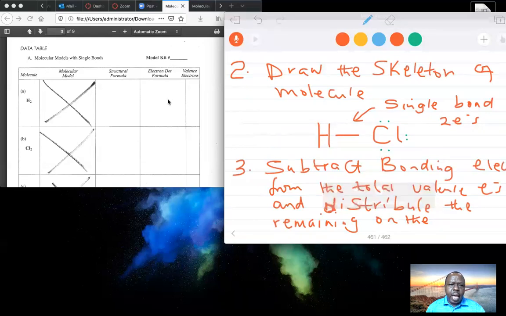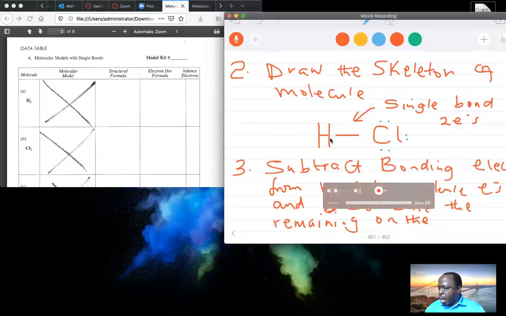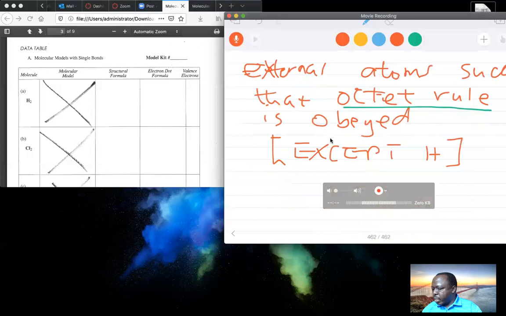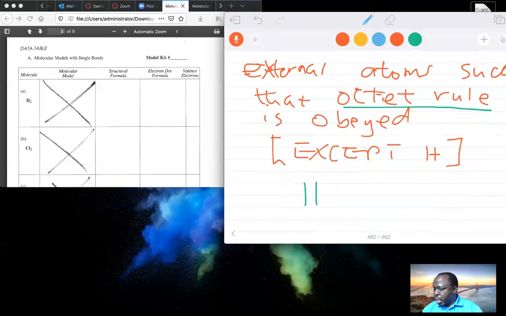So when they say electron dot formula, I'm now going to change my connection. Maybe I should have used 1 electron from hydrogen and the 7 electrons from chlorine. You see chlorine is right here, and it is bringing in the electrons.